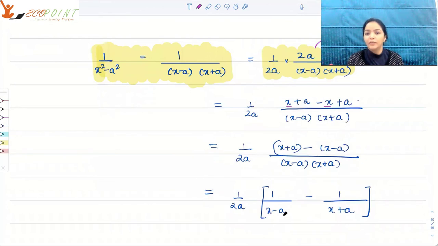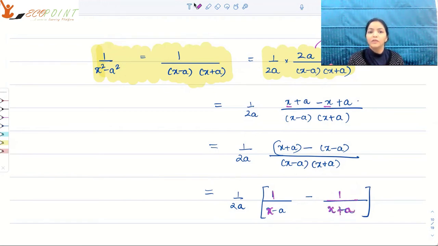And now if you open it up, what will happen? Just split it up. So 1 by 2a is outside. x plus a cancels, and you're just left with x minus a in the denominator. x minus a cancels, and you are left with x plus a in the denominator.